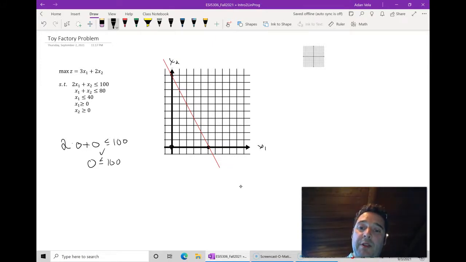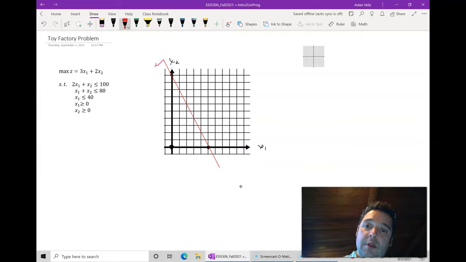So the point 0, 0 right here certainly satisfies the first constraint. With that knowledge, we know all the points below the line satisfy the constraint, so everything in this direction. That's our current feasible space, defined by that first constraint.